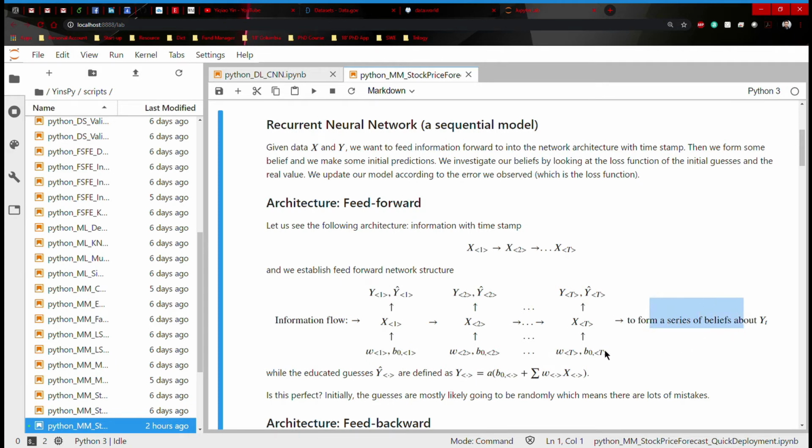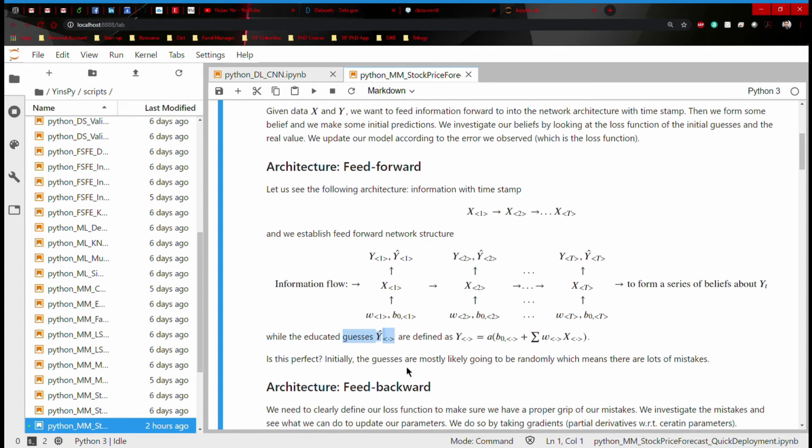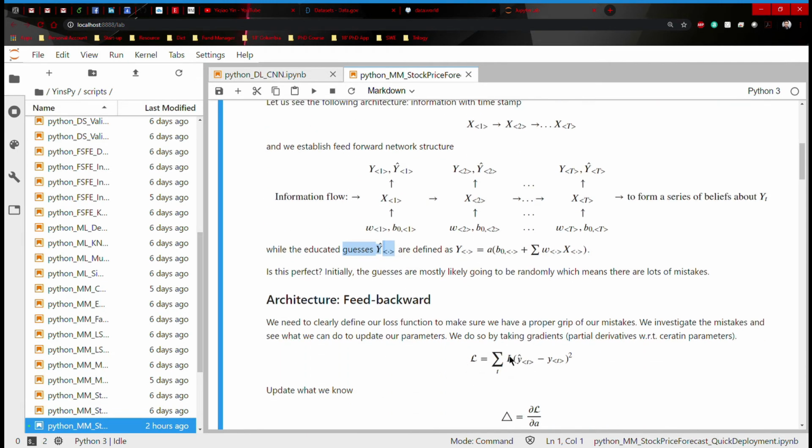Now, of course, as you can imagine, our educated guess y hat is probably not going to be perfect. Chances are we're going to make mistakes. But not to worry. We have this thing called a loss function, which we're going to take gradients of. Just like the loss function in neural network. The loss function in recurrent neural network looks the same, but it carries a timestamp t.